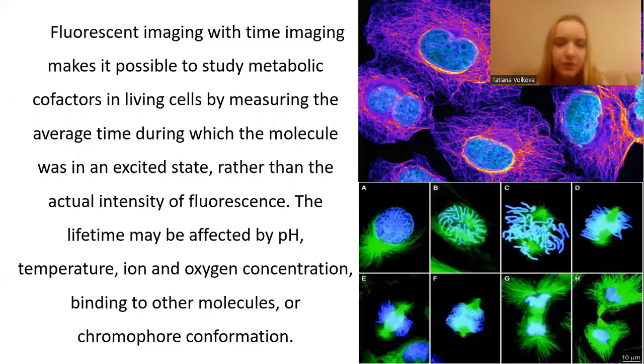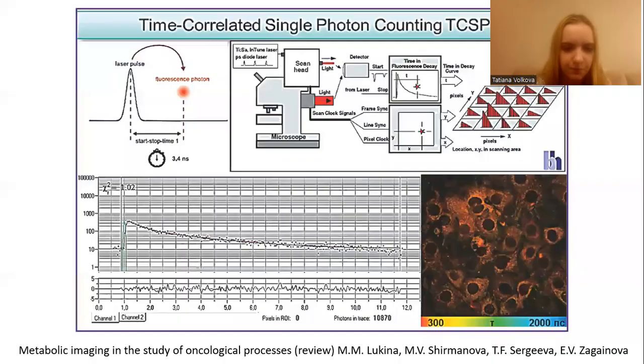Fluorescence lifetime imaging makes it possible to study metabolic effectors in living cells by measuring the average time during which the molecule was in an excited state, rather than the actual intensity of fluorescence. The lifetime may be affected by pH, temperature, ion, oxygen concentration, binding to other molecules, or chromophore conformation.